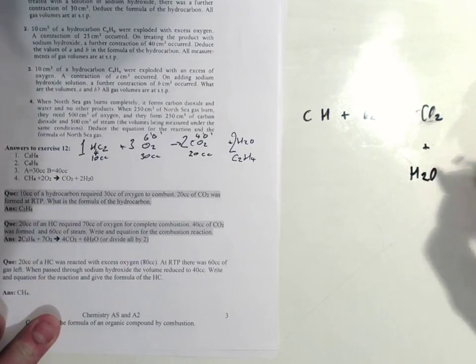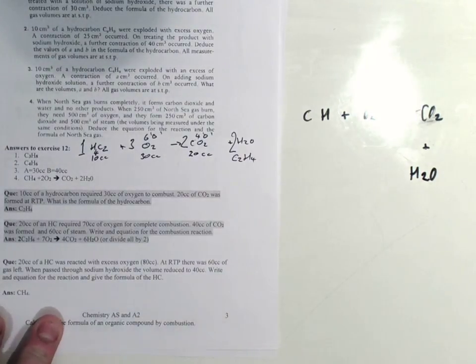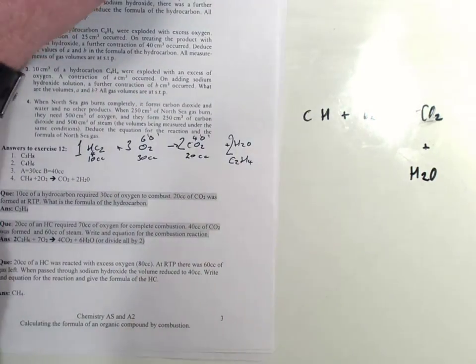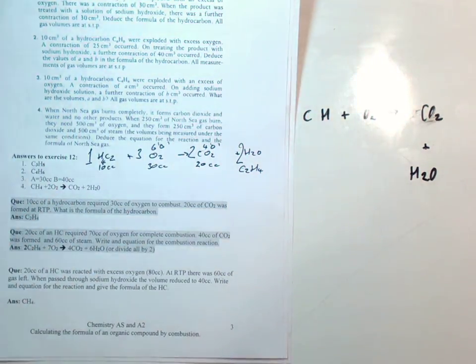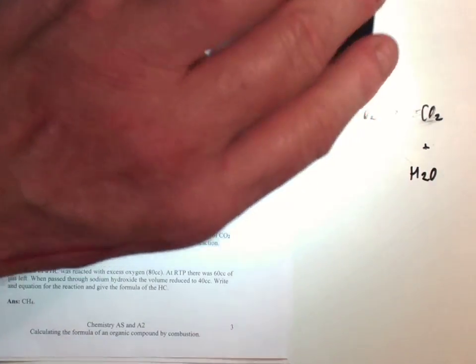Okay, so let's go back and see what information it is that the examiner has given me here. Okay, I'll try and fix the light in here a little bit.